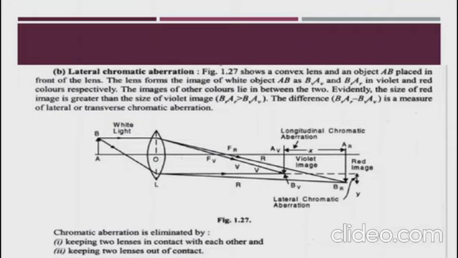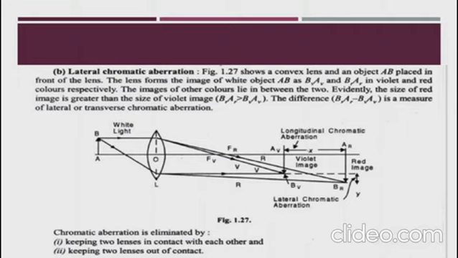Then we discuss the lateral chromatic aberration. Here also we use a convex lens, and the object, pointed as AB, is placed before the lens. Here also we consider red and violet rays, but the other colors are found between the two.